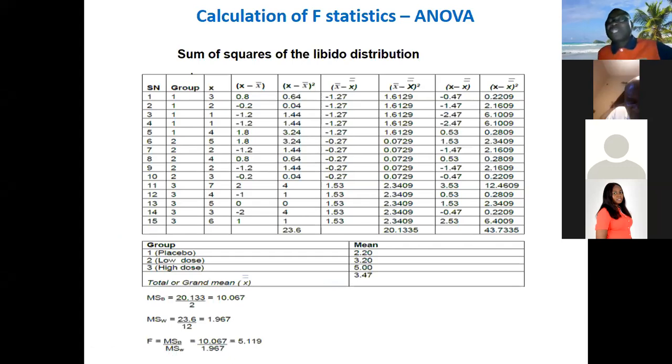What I said about degree of freedom, you know, degree of freedom usually is the entity minus one. I gave an illustration during our previous lecture.